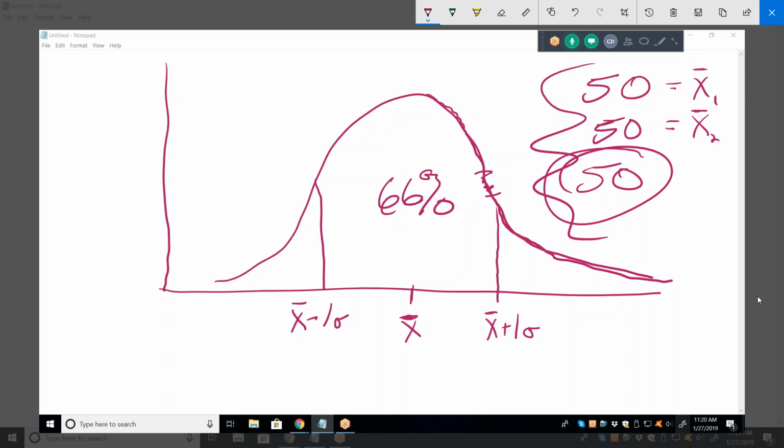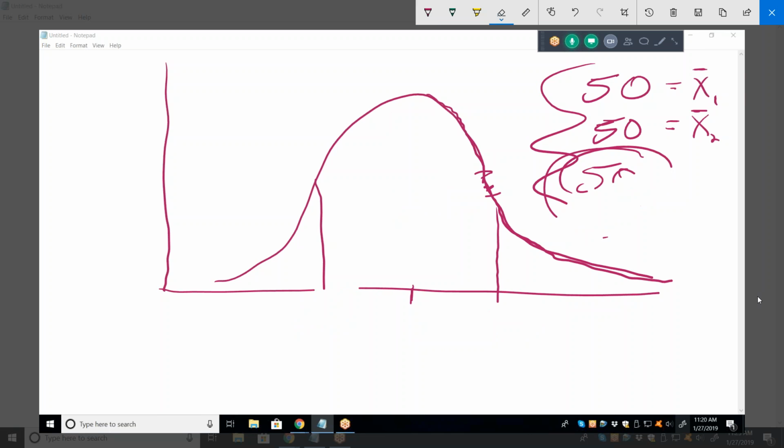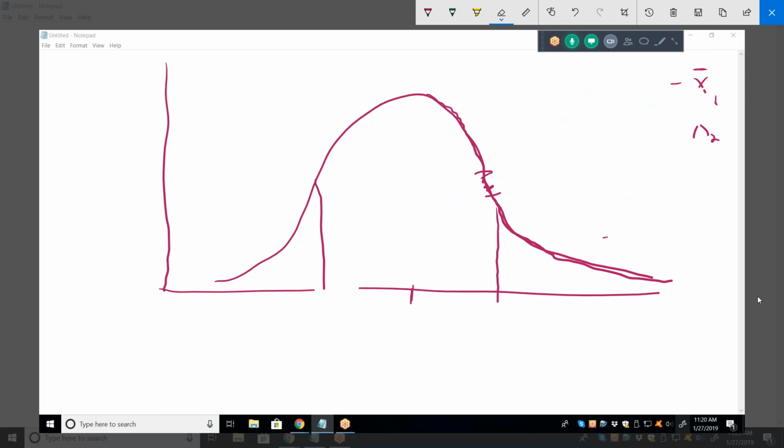Well, that's very similar to saying that if you choose a woman at random, you have a 93% chance that that woman is going to fall in that area. In fact, it probably makes more sense if I do it like that. This has to do with the critical value theorem, but the classic case is women's heights.